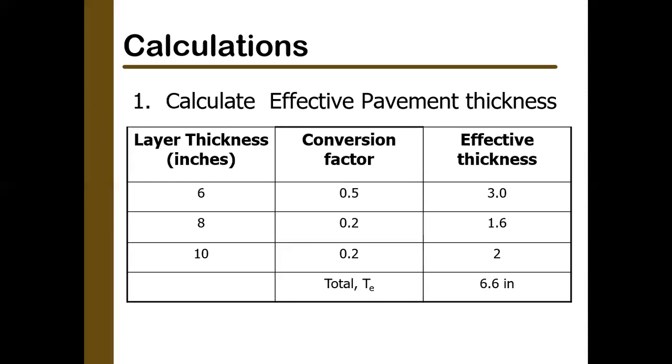So the effective thickness of the pavement is 6.6 inches, as compared to the 24 inches of pavement that was laid. So it means by this method, you are taking around 25 to 30% of the thickness as an effective thickness.